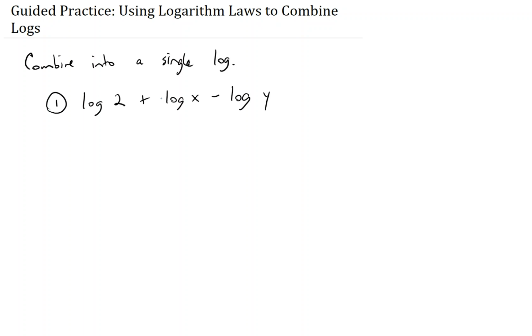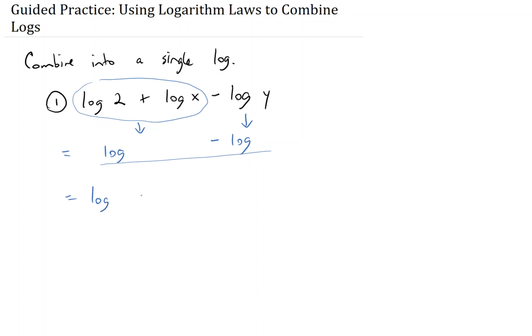So then I would look at the first 2 logs here that are added. I would combine those into a single log. So think about how to combine using addition. Minus, and then you'll carry this log down. And then you'll combine those 2 logs using subtraction to get log of your final answer here.